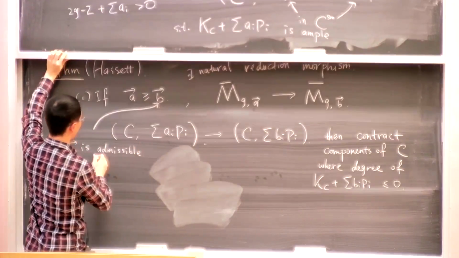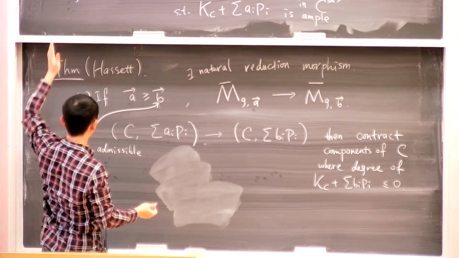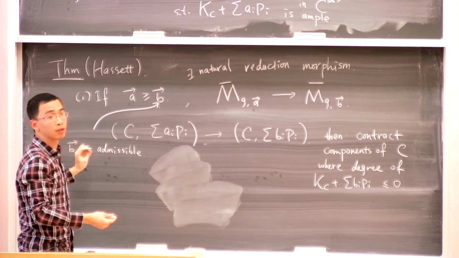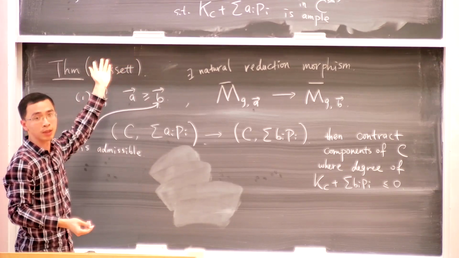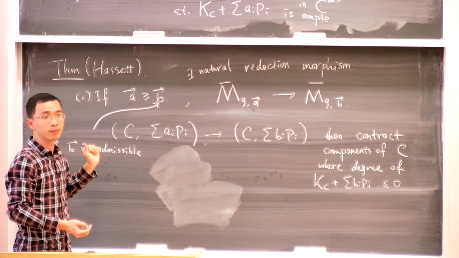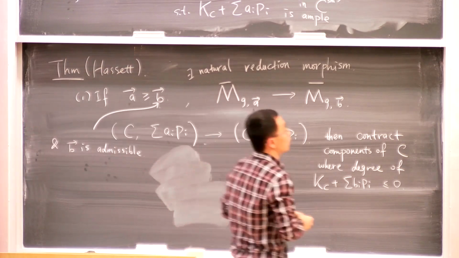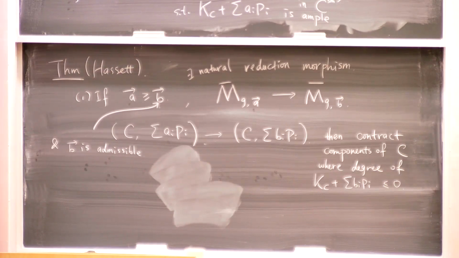So in particular, admissible means that this condition is satisfied for B. So as soon as the moduli space is non-empty, you can always do this. Okay, so that's the reduction part.